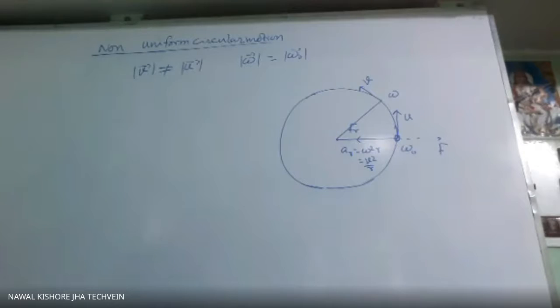Suppose you switch on the fan. What happens? The angular speed of the fan keeps on increasing till it reaches a constant value. When you switch off the fan, its speed keeps on decreasing. It suddenly doesn't come to the position of rest, or suddenly doesn't come to the maximum speed.